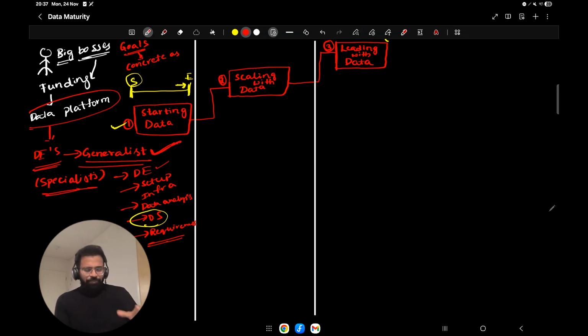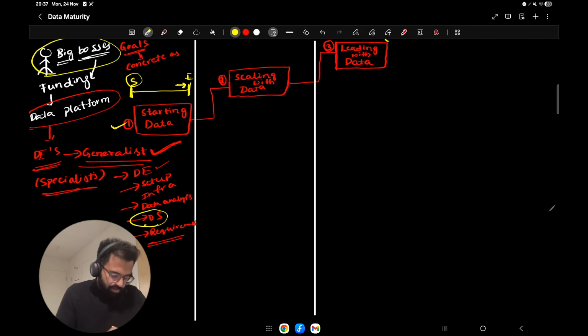And then in this phase, since your boss or you would have probably got the funding from big bosses, they will be expecting something in return, and that is the most important thing you need to be aware of. Obviously no one wants to give money for free.